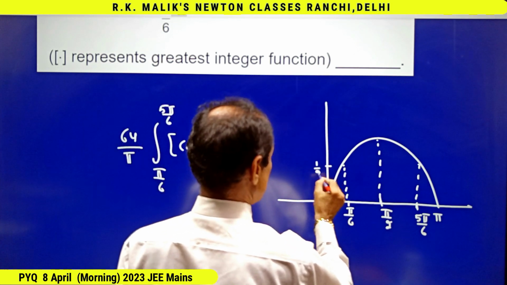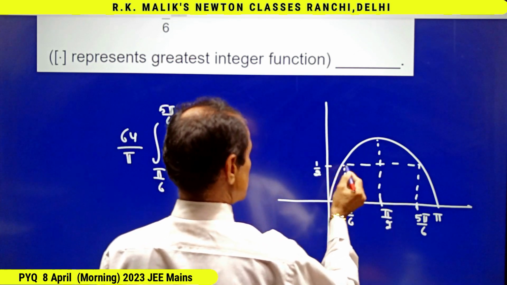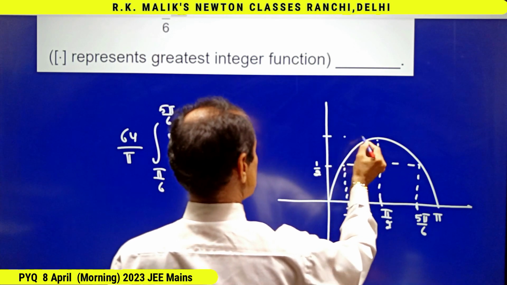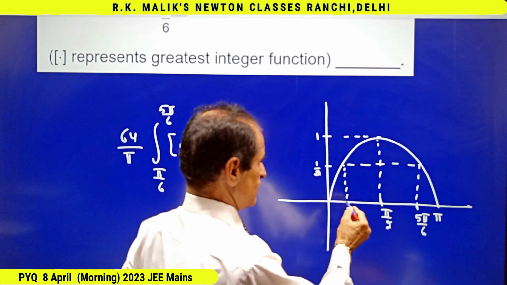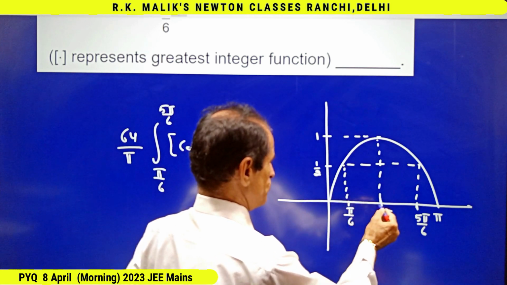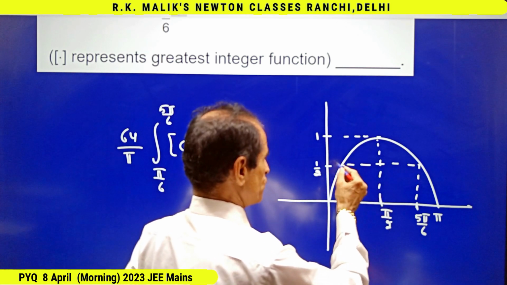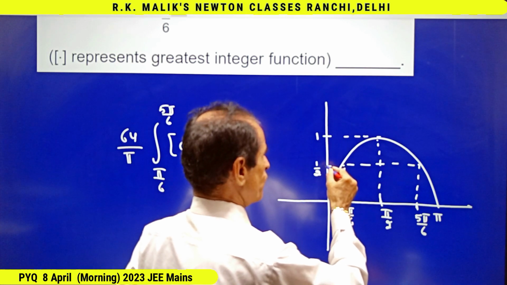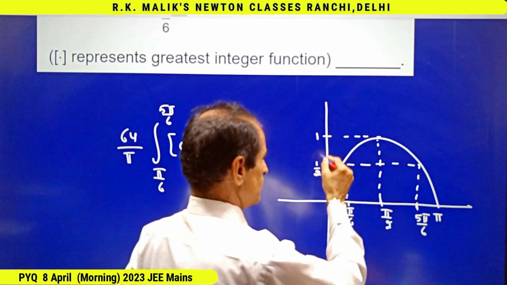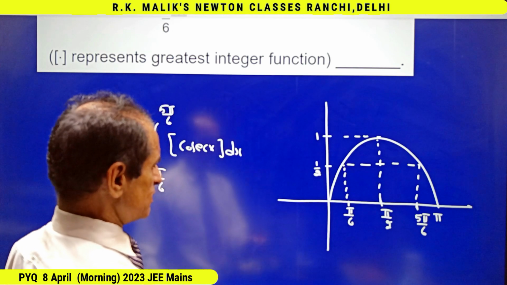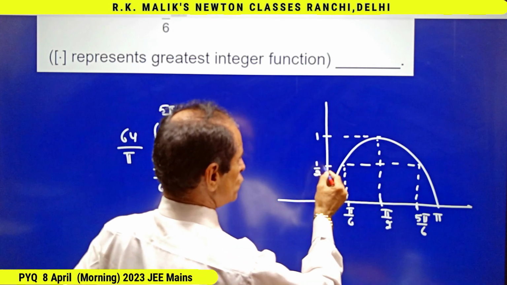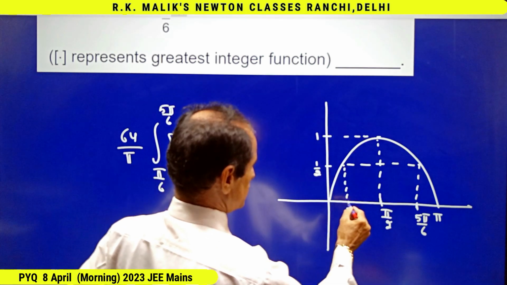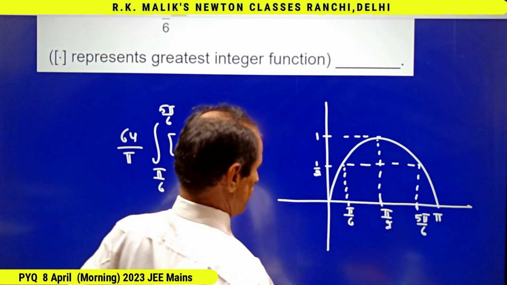This point is 1 by 2 and this is 1. As x increases from pi by 6 to pi by 2, the value of sin x increases from 1 by 2 to 1. In other words, the value of cosec x will decrease from 2 to 1 as x increases from pi by 6 to pi by 2.